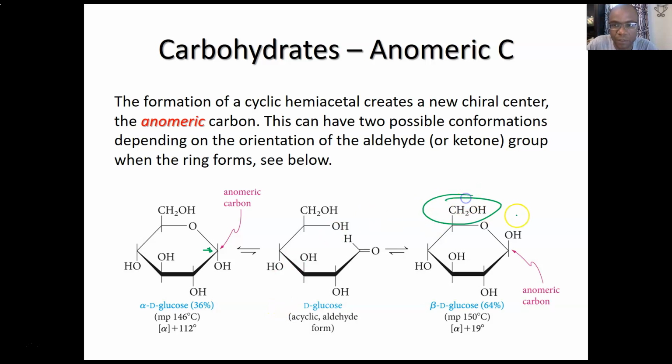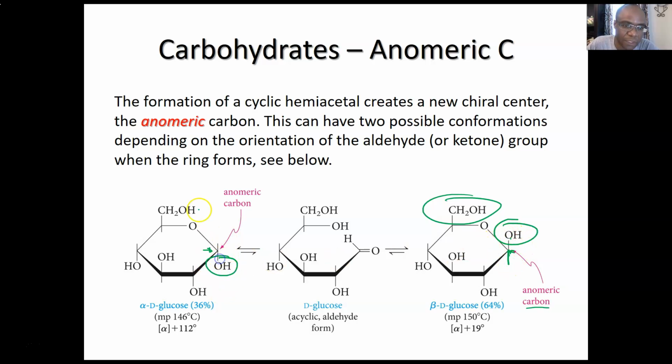So you see here CH2OH and OH are on the same side. That's beta. And this carbon bearing the OH is called the anomeric carbon because this OH on that carbon could either be down or up.